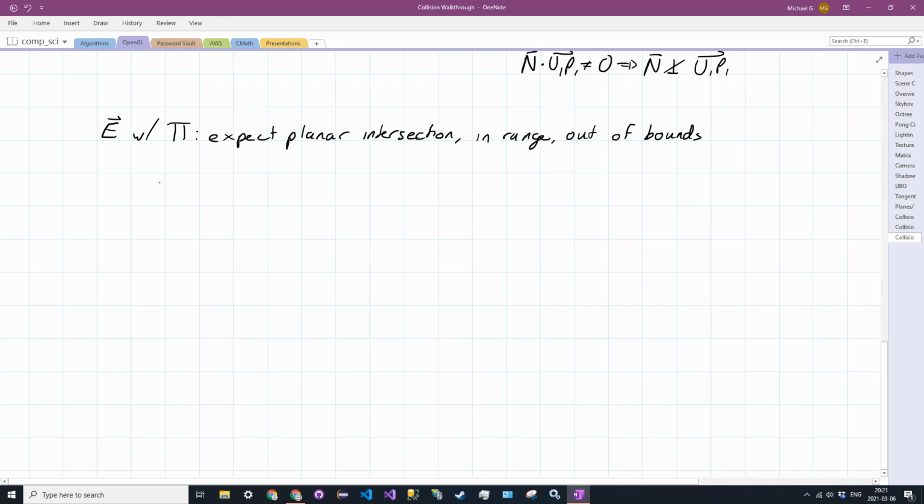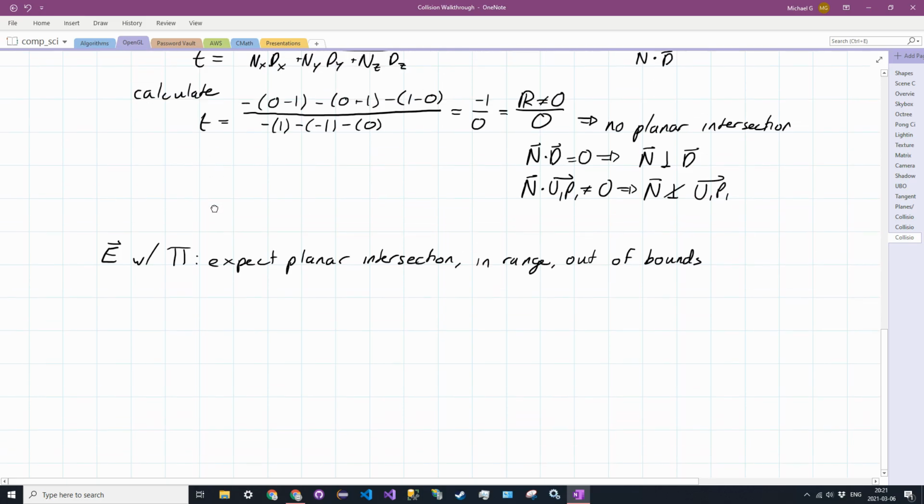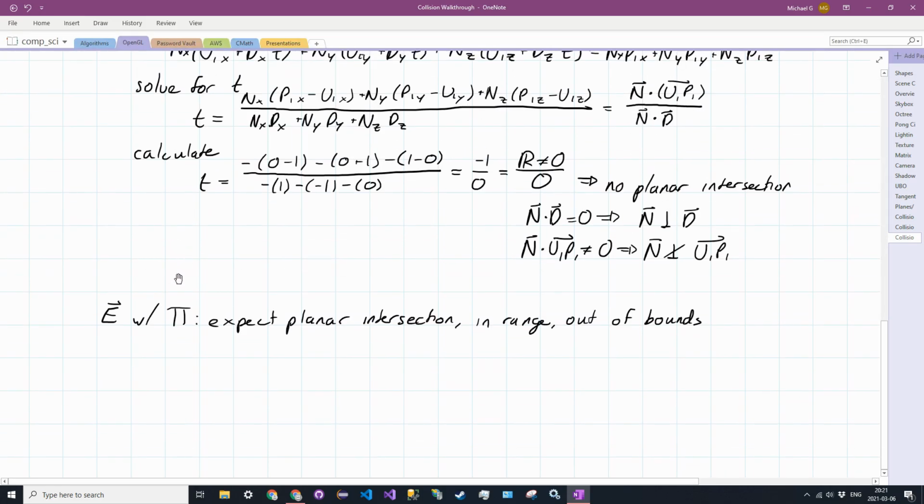So let's first calculate t, and we can use the same exact formula right here. So we can say that t will be equal to n dotted with u1, p1, the same 2 points, because the vector e, or the line through e, originates at u1. And then divide this by n dotted with e, which is our vector that we're testing right now.